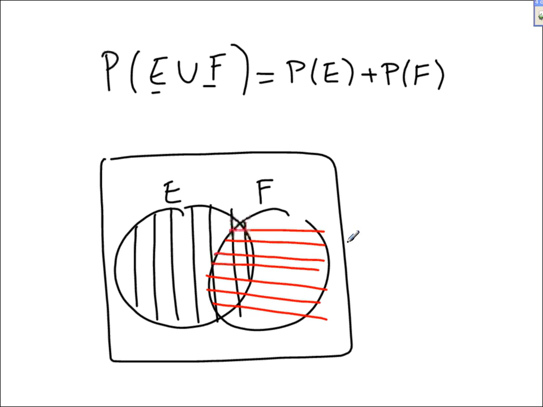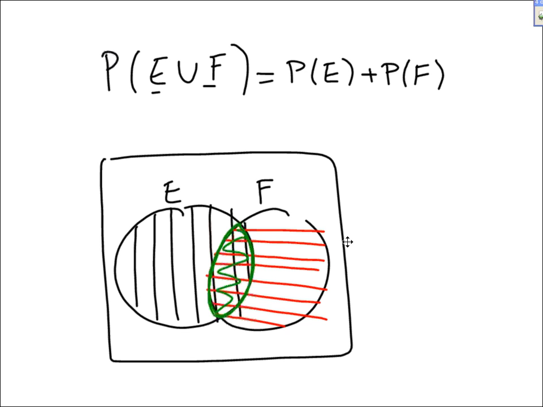Well, yes, if you add those two, you will have covered everything. But there's one minor problem. You counted what was in here 2 times. You counted what was in there twice.